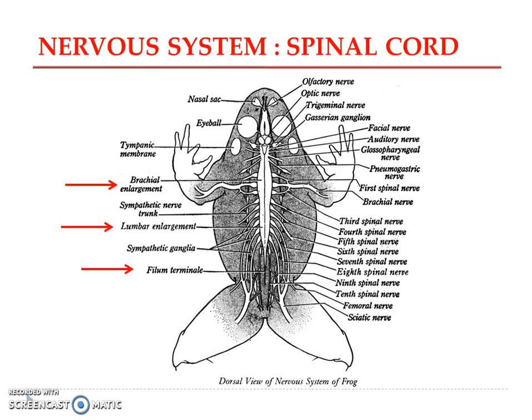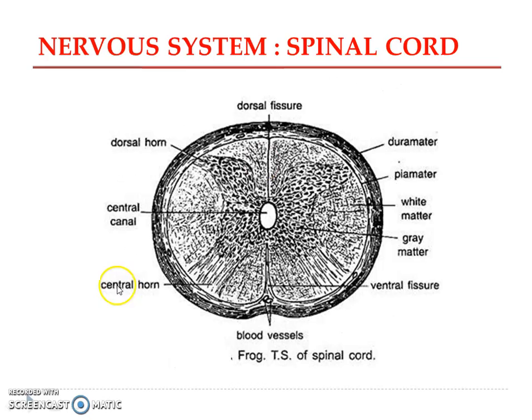Now the spinal cord in general is short, thick, cylindrical, somewhat flattened and white in color. Just like the brain, you can see that this is a cross section of the spinal cord.